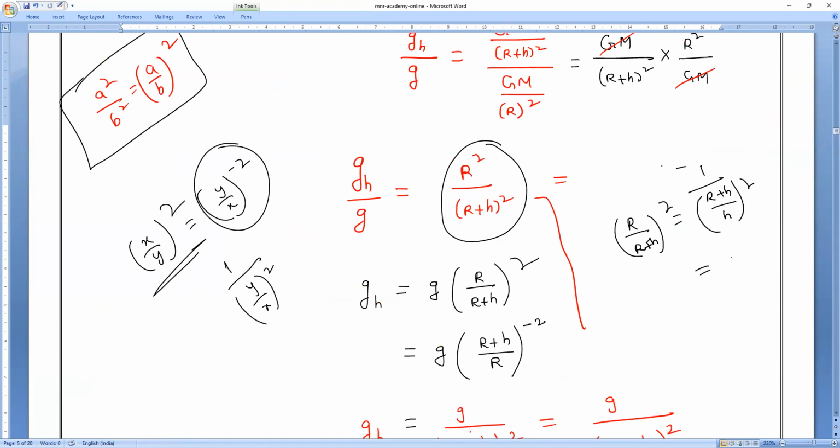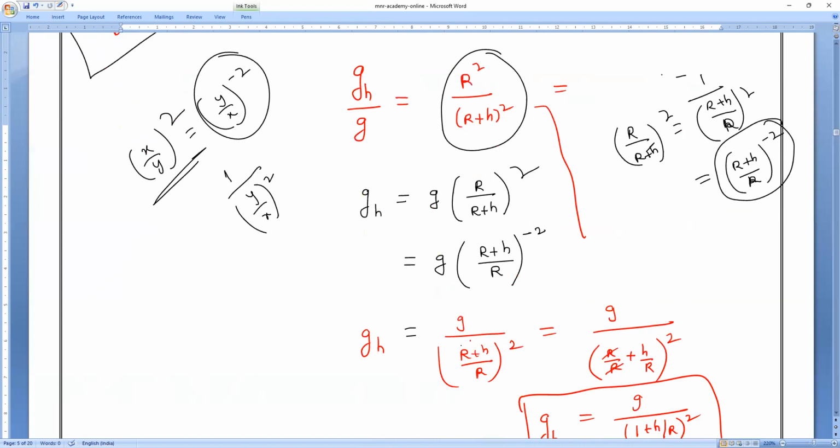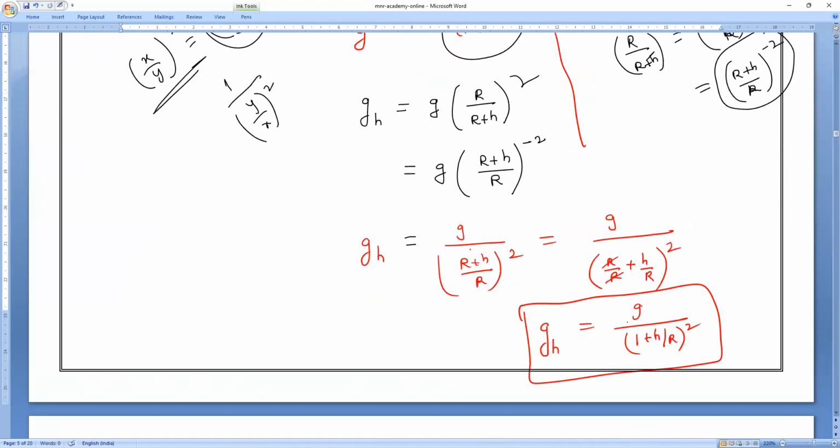Both are the same. So I am writing R plus H divided by R to the power minus 2. Now I am taking the LCM, R by R plus H by R. Again the LCM is R, so again R plus H, the same thing we get.